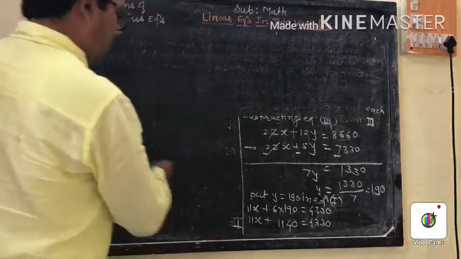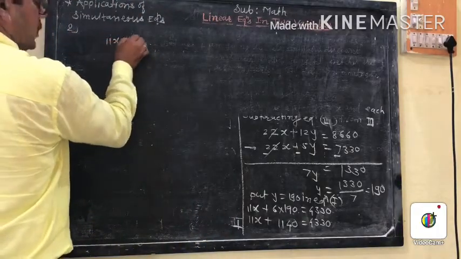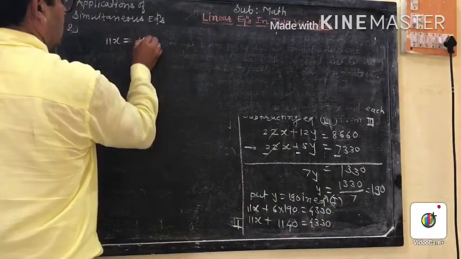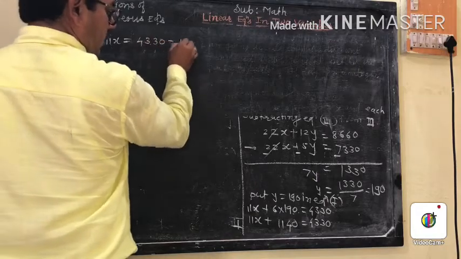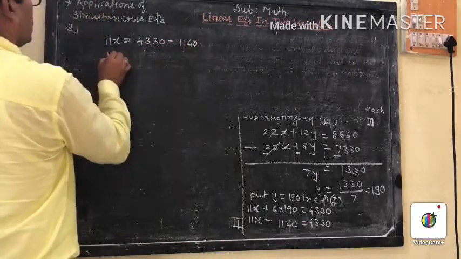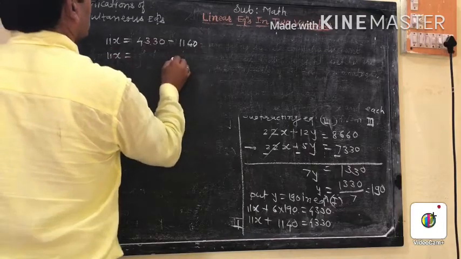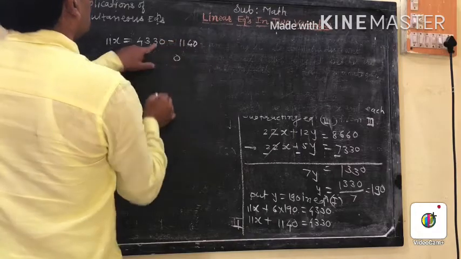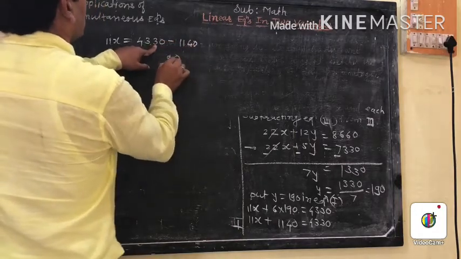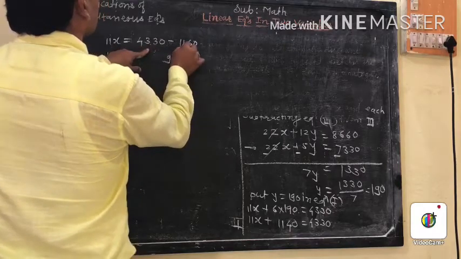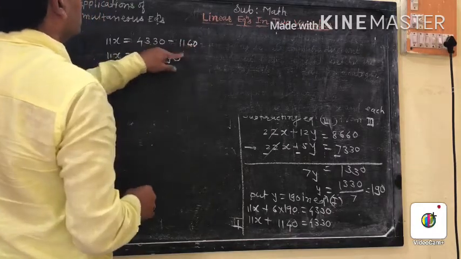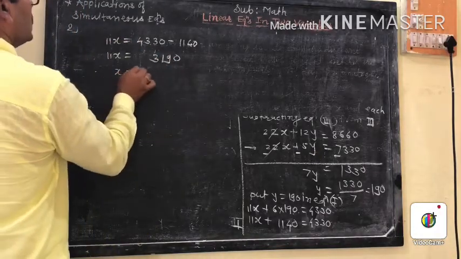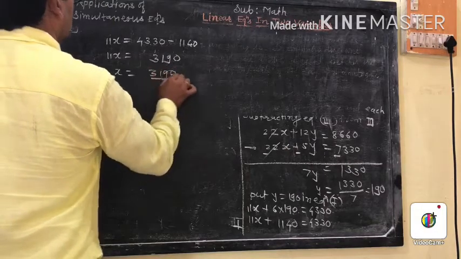You get 11x is equal to, 1140 goes to the other side with minus, 4330 minus 1140, which is 3190. Therefore x is equal to 3190 divided by 11.